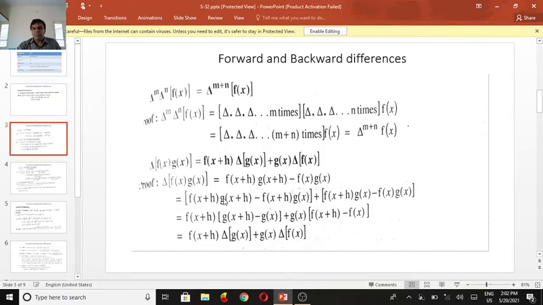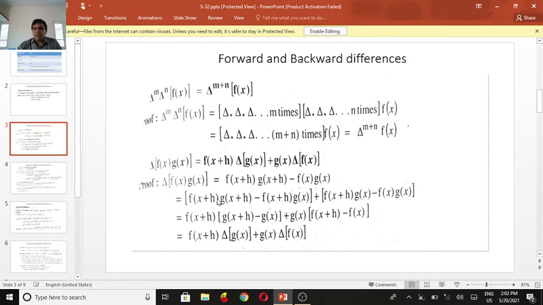Now we add and subtract f of x plus h g of x. So we get f of x plus h g of x plus h minus f of x plus h g of x, plus f of x plus h g of x minus f of x g of x. Here we add and subtract f of x plus h g of x.